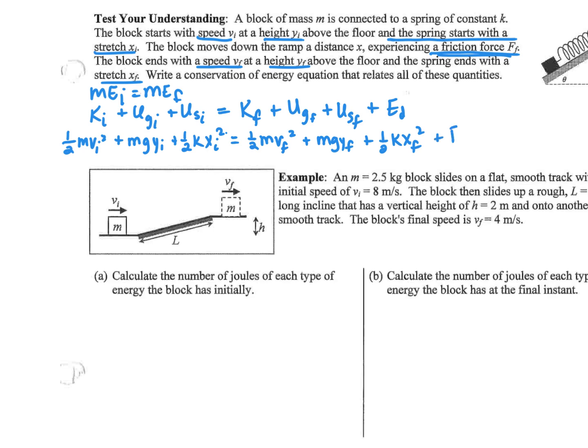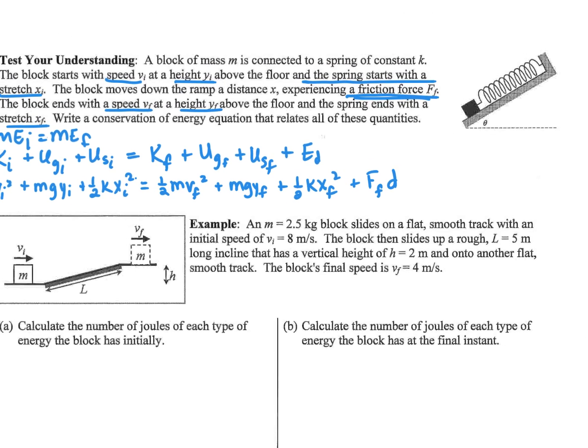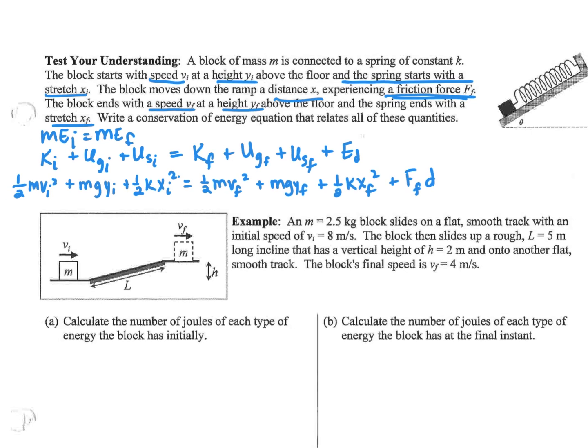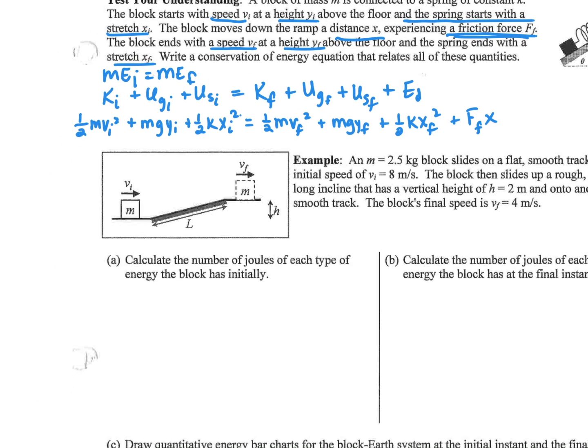So it is force of friction times the distance that it was going, and it said some distance. What was the distance? Oh, a distance x. So I need to be careful and make sure that I write this as x, because that's the distance it experienced friction over. And that would be our equation.